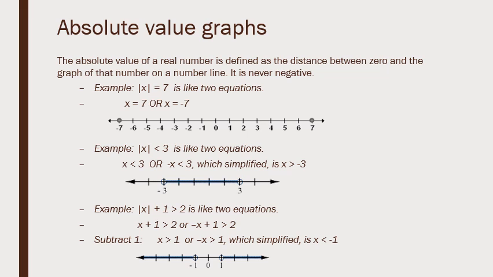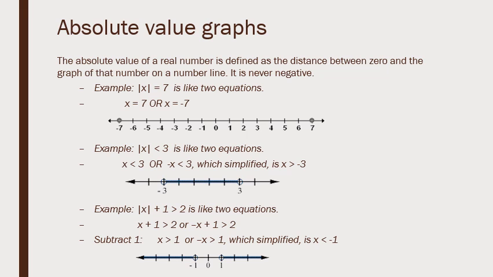But what about if it was an inequality? The absolute value of x is less than 3. Now that's like two different equations that we need to consider. Either x is less than 3 or negative x is less than 3, right? Just like with our 7s.